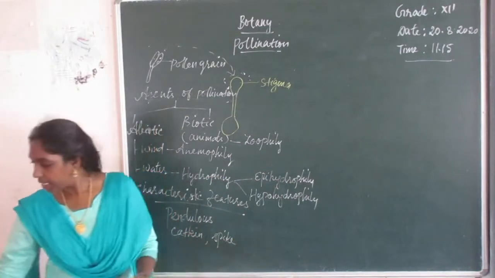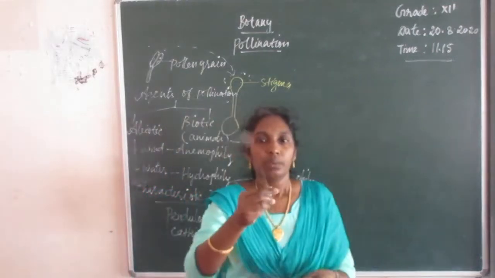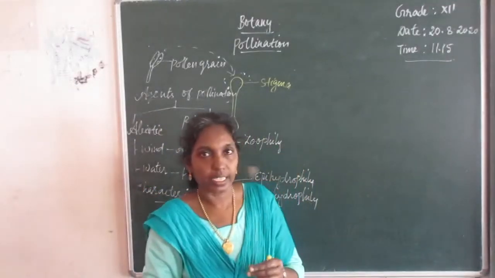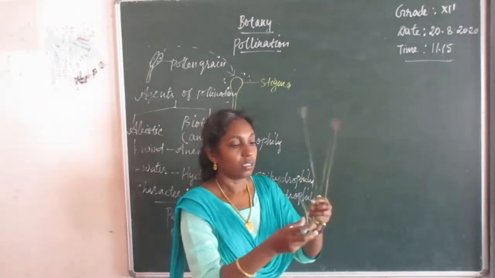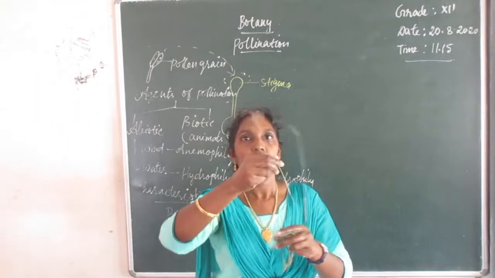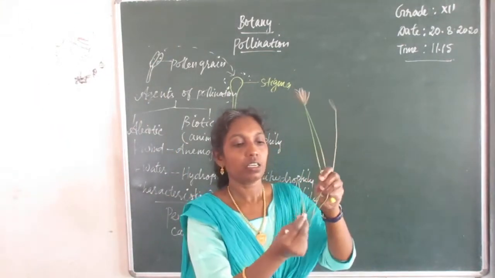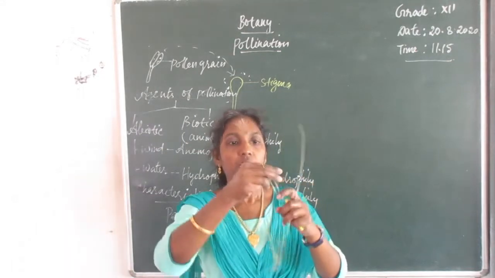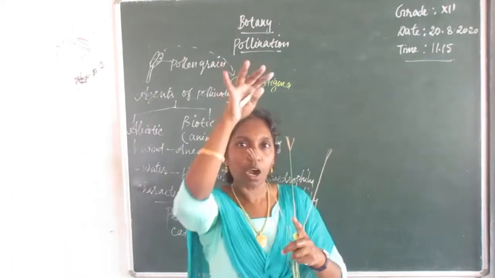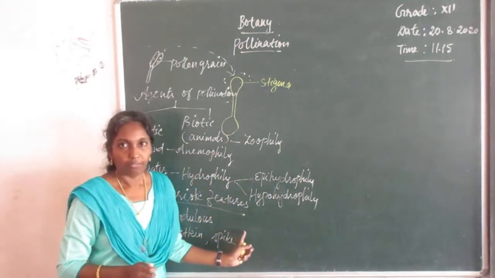The main axis of the inflorescence is elongated. Sometimes the leaves are reduced, so the axis is exposed out of the leaves and is easily carried by the wind. These are the leaves; the inflorescence axis is exposed out of these leaves. That is another characteristic feature.